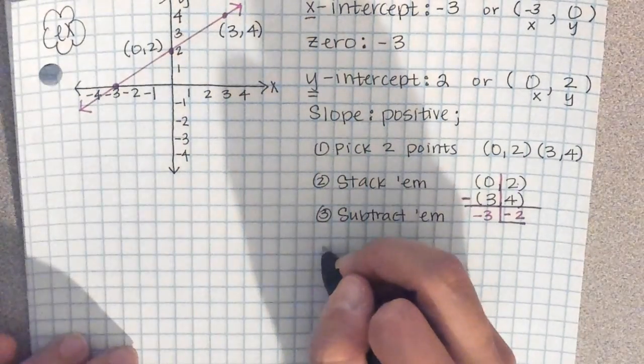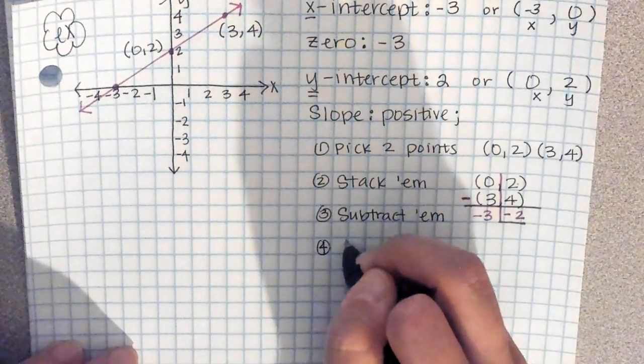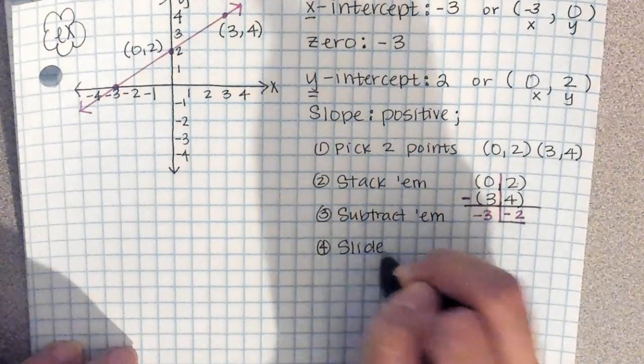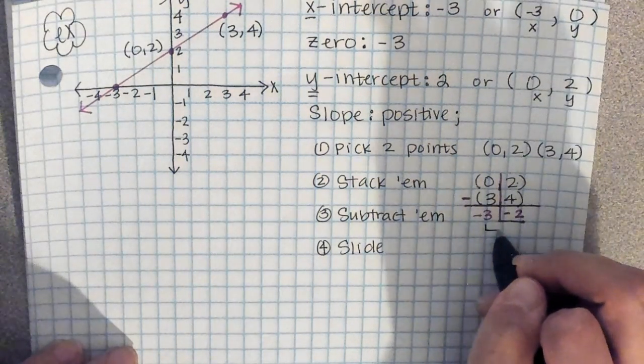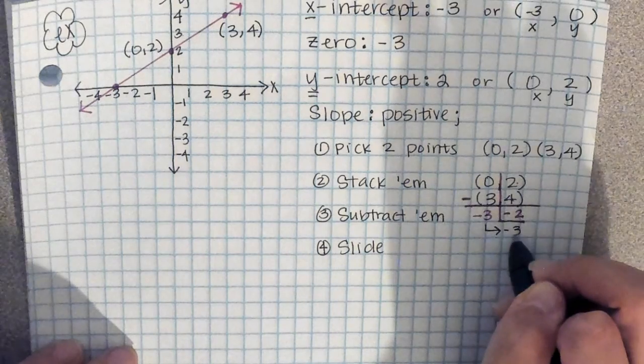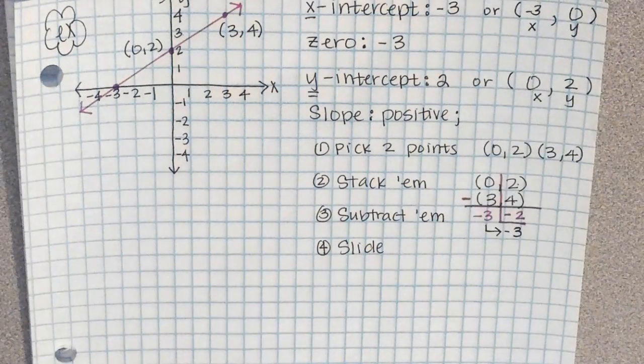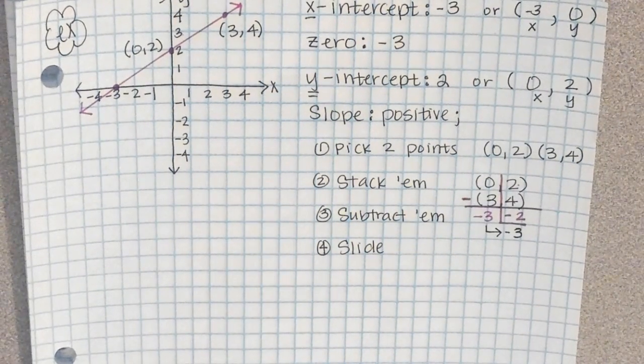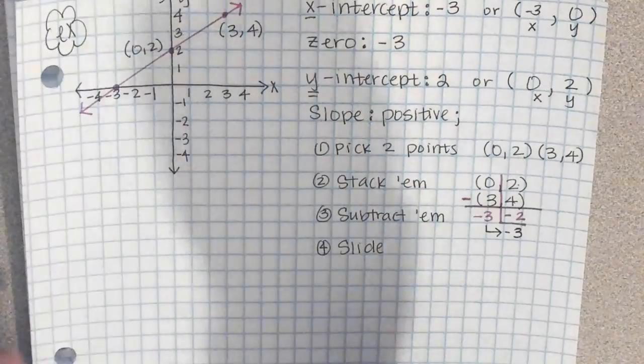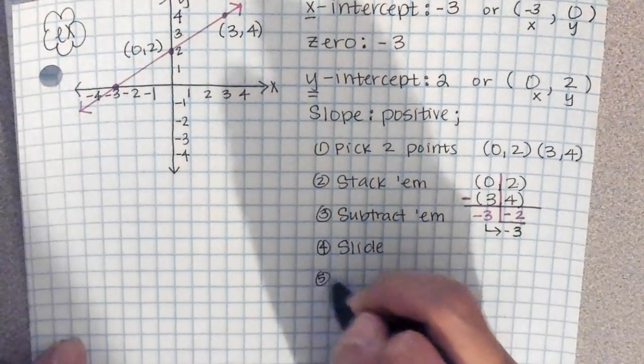Now we slide and simplify. So slide. I take the negative 3 and I slide it underneath my negative 2. And finally, I simplify.